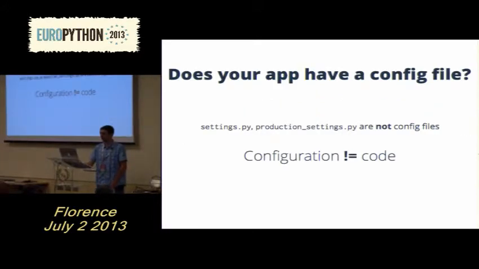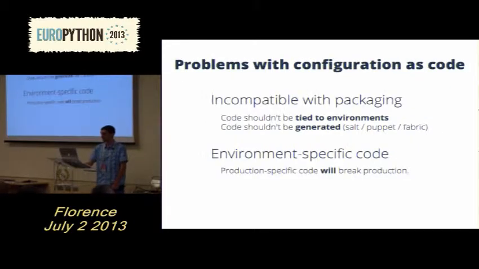So we often have lots and lots of settings files with different settings for each environment. And settings files in Django are code files. They're not config files. So it's important to have a very clear separation between code and configuration.